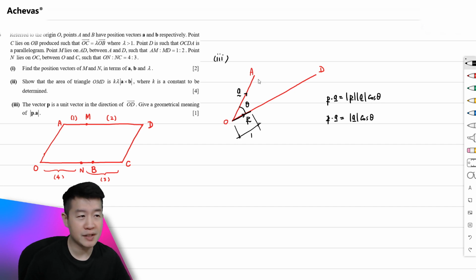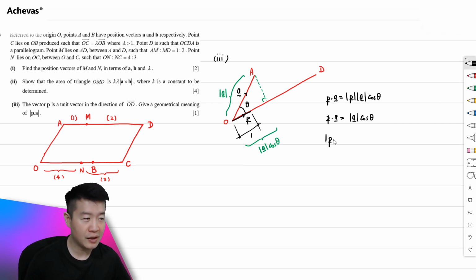And what is modulus of A cosine theta? If we make use of the triangle, some of you who have been watching my videos know I talk about the magic triangle. This distance here is modulus of A, and this is theta. Cosine theta is adjacent over hypotenuse, which means this is going to be modulus of A cosine theta, and this is the length of projection.